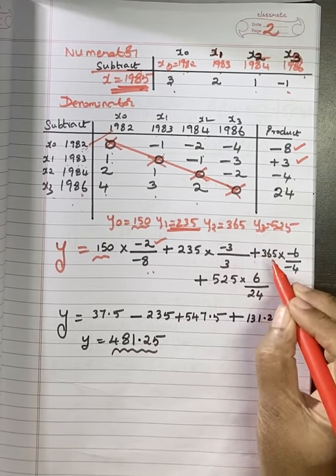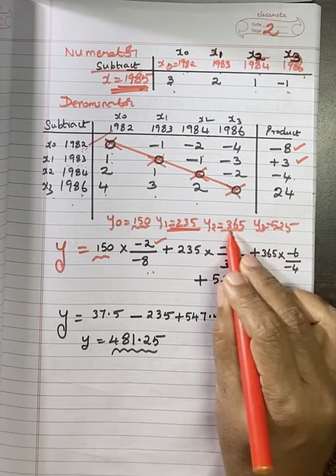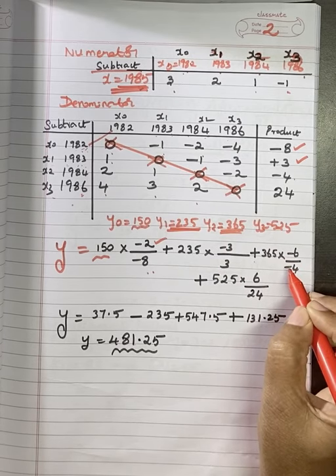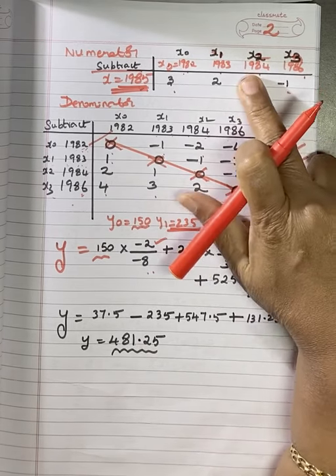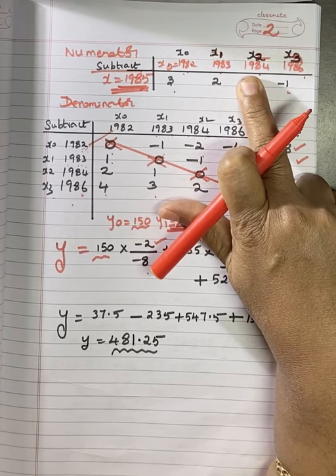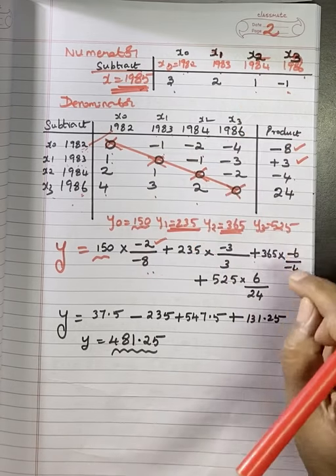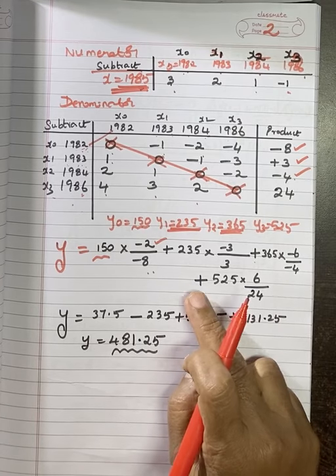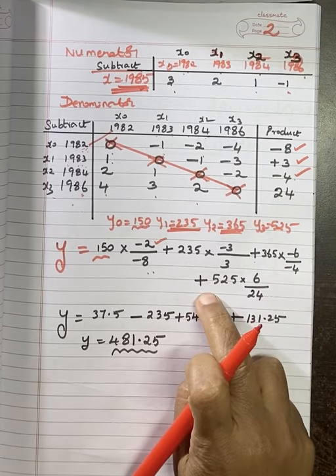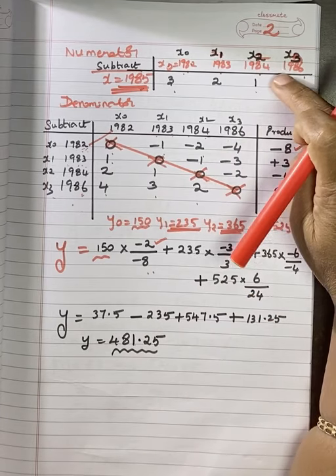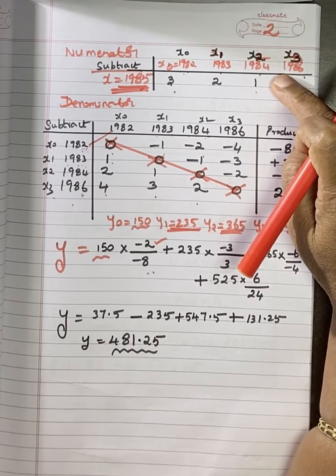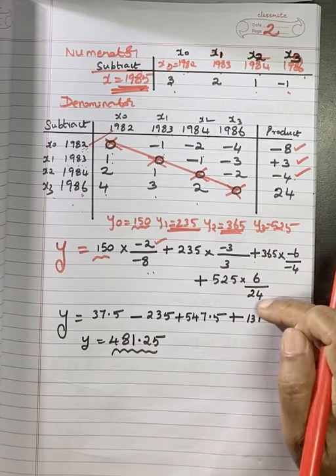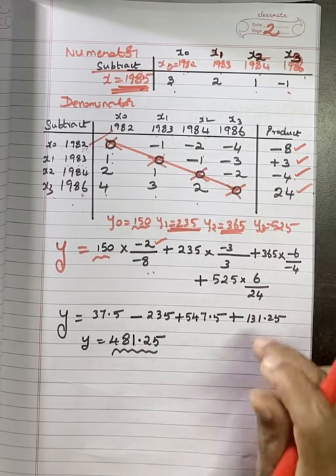Addition, y2 into, leave the third number, multiply the remaining numbers, 3 2s are 6 into minus 1, minus 6, divided by minus 4. Fourth, plus 525 into, leave the last number for the numerator, multiply 3 2 1, it is 6 divided by 24. Very, very simple.